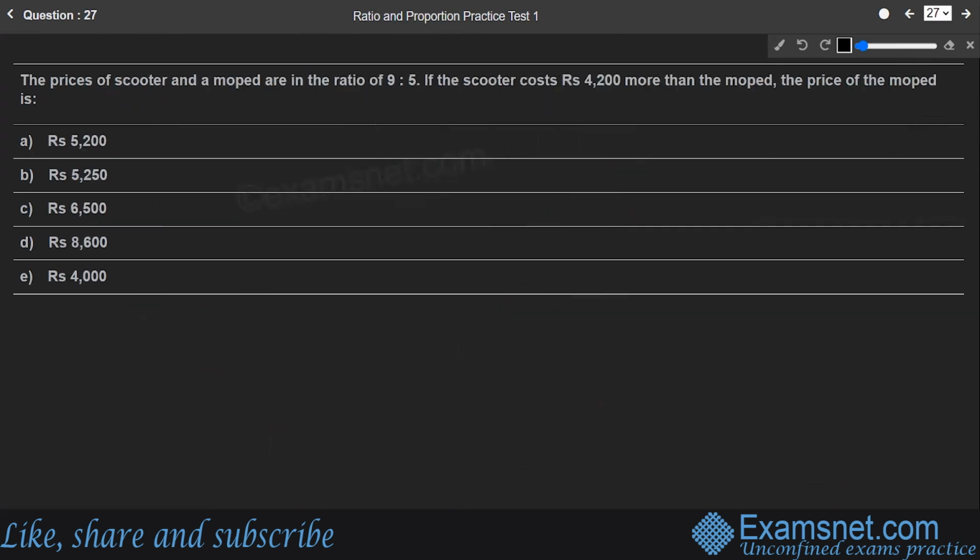Now, in the next question, they say the price of a scooter and moped are in the ratio 9 is to 5. If the scooter costs rupees 4,200 more than the moped, the price of the moped is. Okay, so the ratio is 9 is to 5. So let us say the scooter's price is 9x, and at the same time let us say the moped's price is 5x. Okay, 5x rupees and 9x rupees.